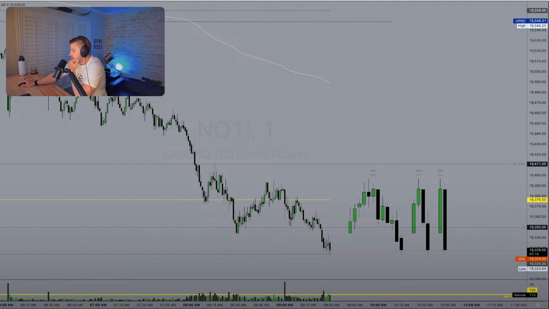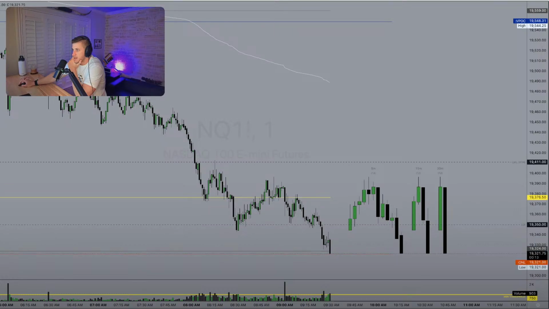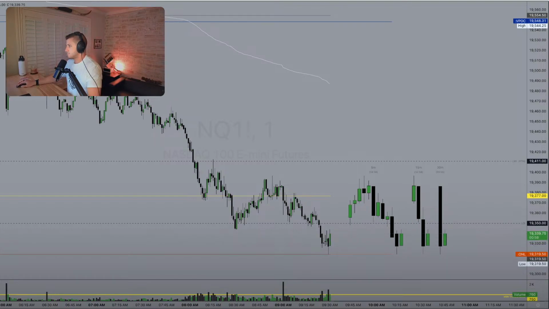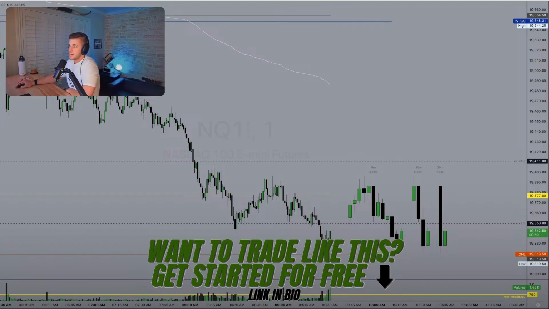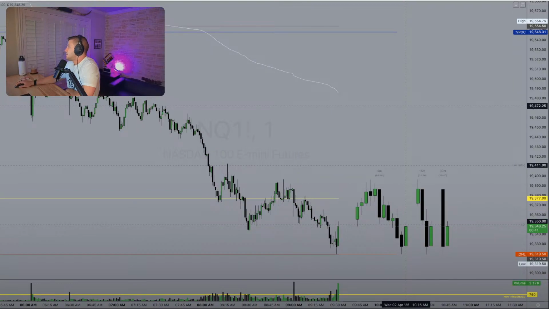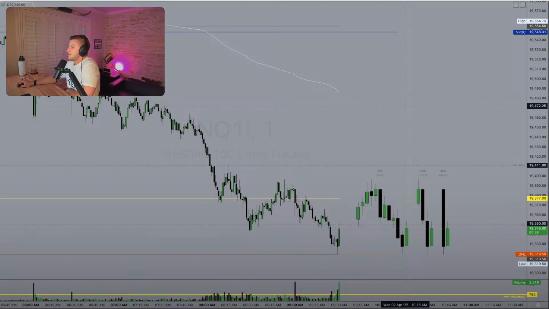We have a 10 a.m. data print. Overnight low just moving lower and lower into the open. There's the open. There's 19,350. Session volume point of control 377 for NASDAQ.